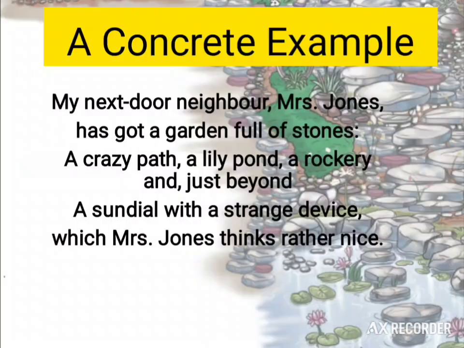The poet is not liking the sundial. He's considering it a strange one, whereas Mrs. Jones thinks that the device is actually a nice one. It is not a strange device, it is a good device. So let's move on to the next part.